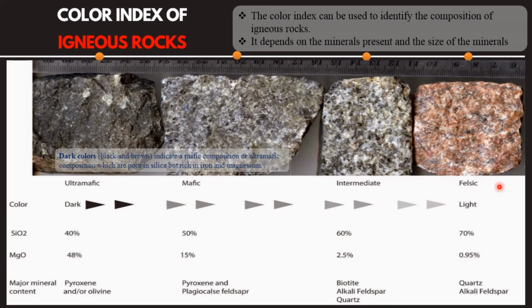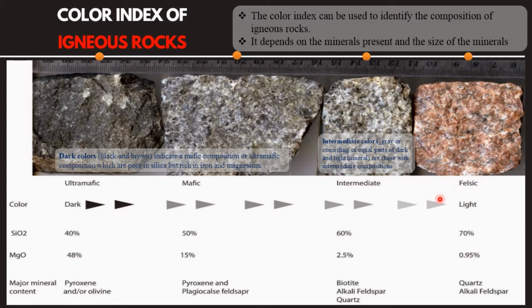For ultramafic and mafic composition, they exhibit dark colors, which can either be black or brown. That indicates poor content of silica but rich in iron and magnesium. Next, we have the intermediate composition that exhibits intermediate colors, which can be gray or consisting of equal parts of dark and light mineral.